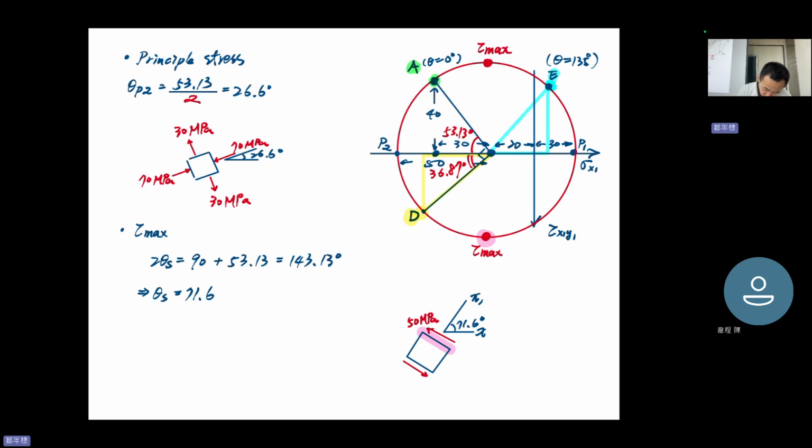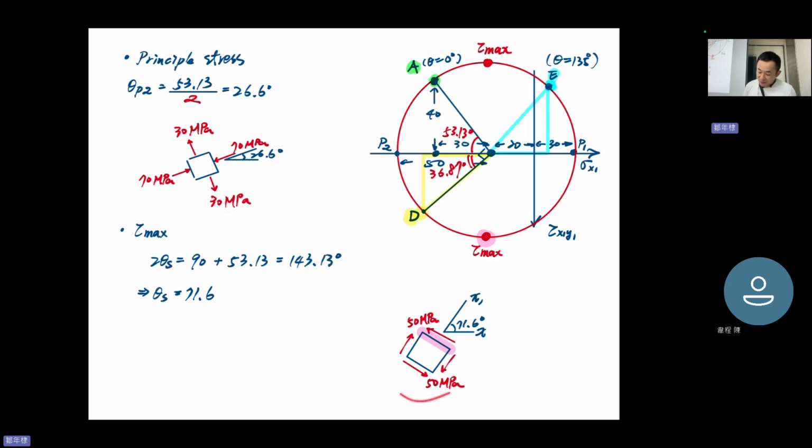That's so elegant, the Mohr circle can be 50 MPa. Okay, but we haven't finished yet, because in the maximum shear case we still have a normal stress contribution, but we don't have any shear stress component in the principal stress case.